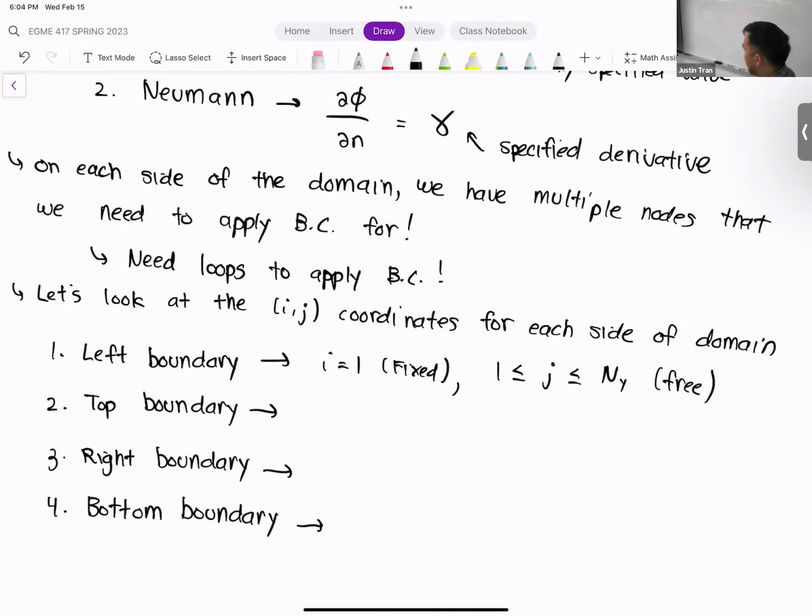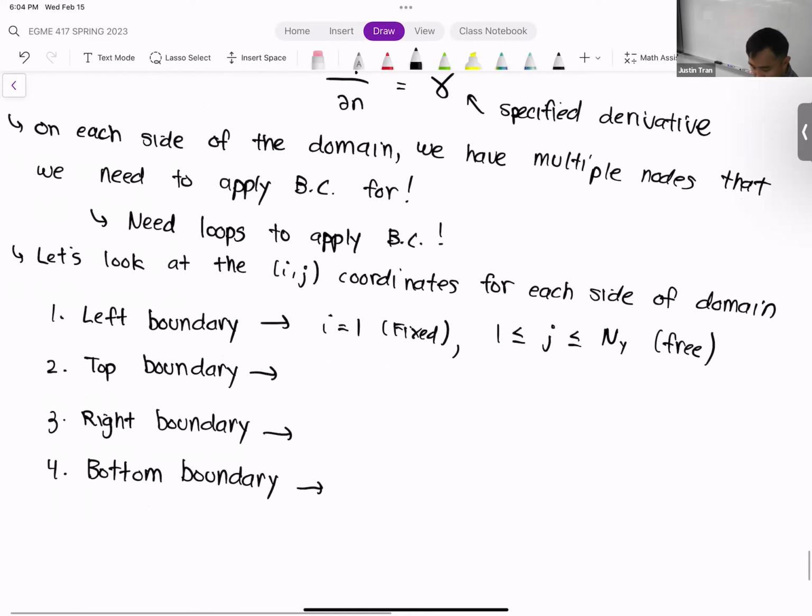Let's put that in. Call that the free coordinate. What you'll notice is that for each of the boundaries, there will be one coordinate that's fixed. Either i or j is going to be fixed, and then the other coordinate is going to be free.